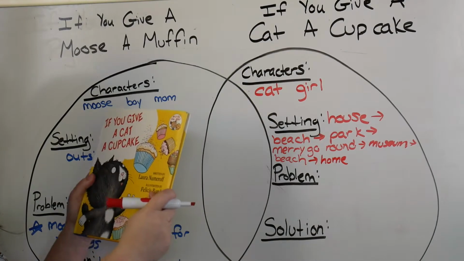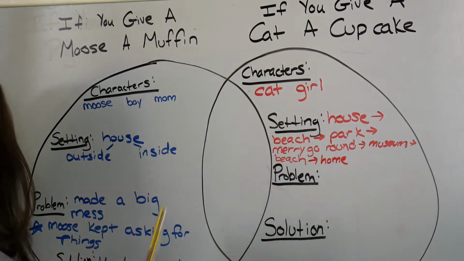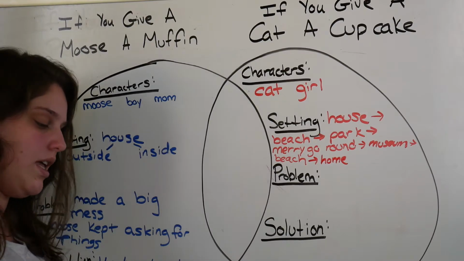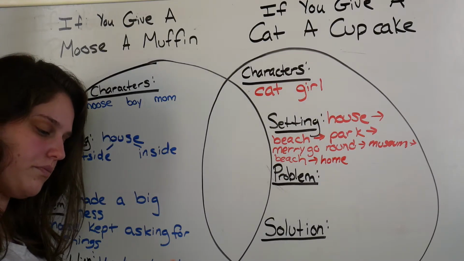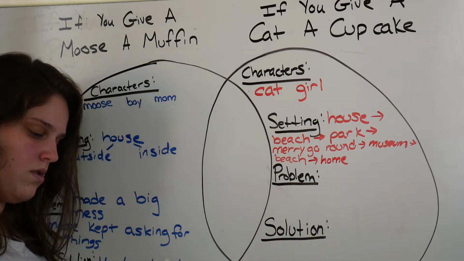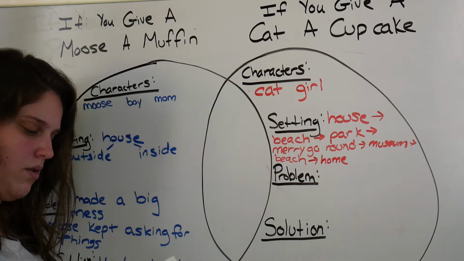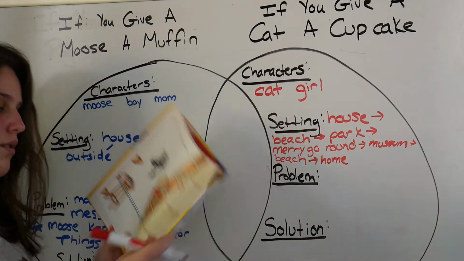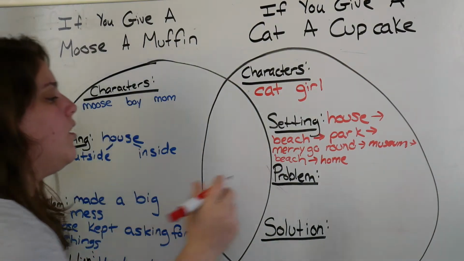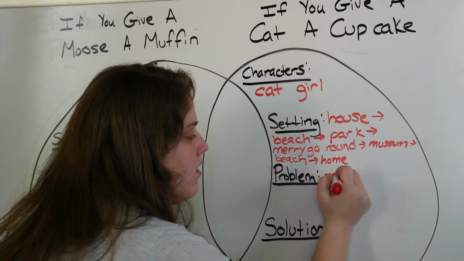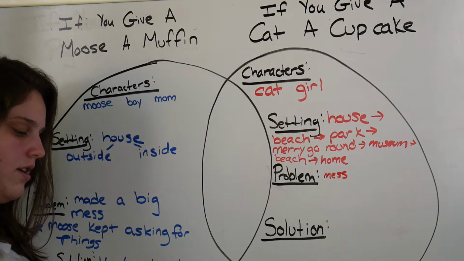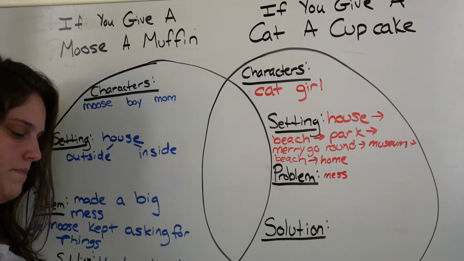Okay, so what's the problem in this story? Let's think. Well, they do make a mess at the beginning. They do make a mess with the sprinkles because they spill on the floor here. So they do make a mess. But I'm thinking there's an even bigger problem here.